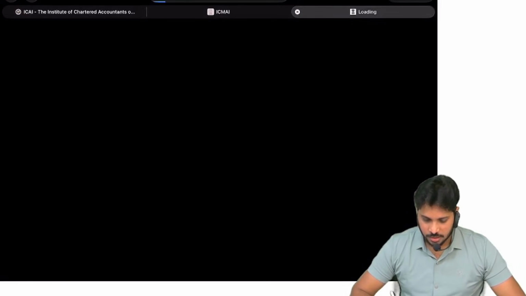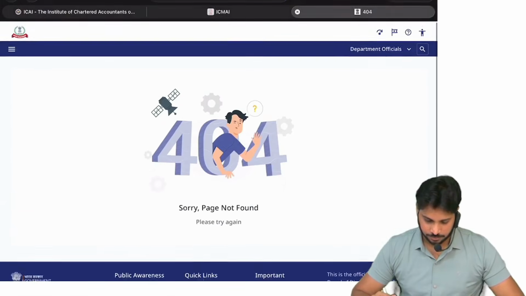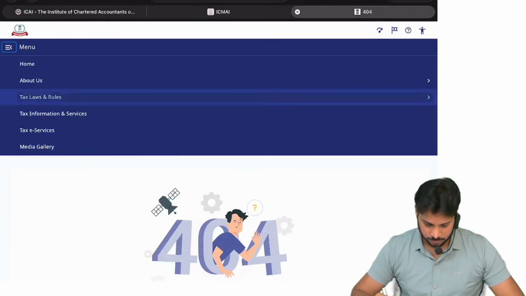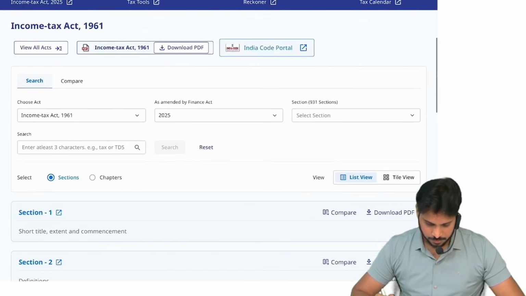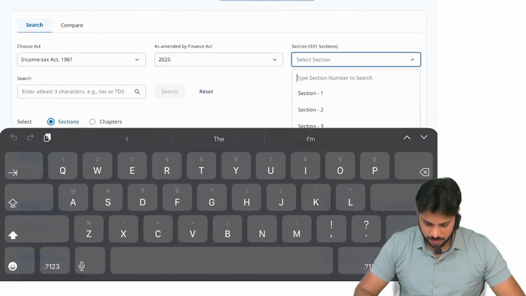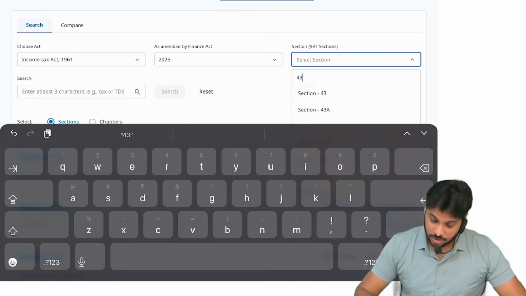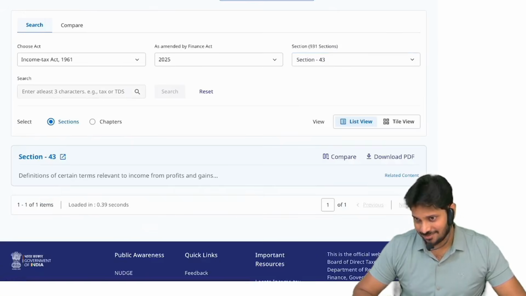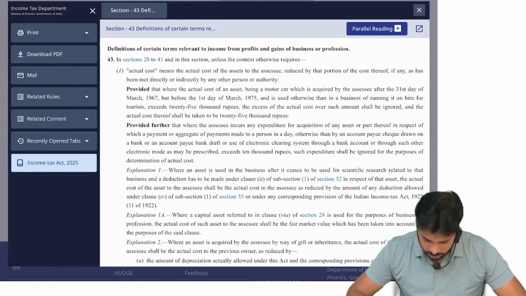Let us apply the letter of the law and then see. Now section 43. Section 43 talks about block of asset format. Okay, that is important for us.